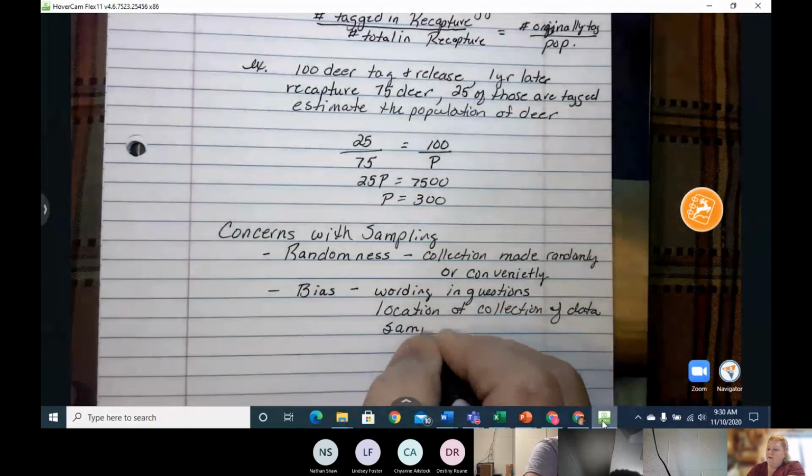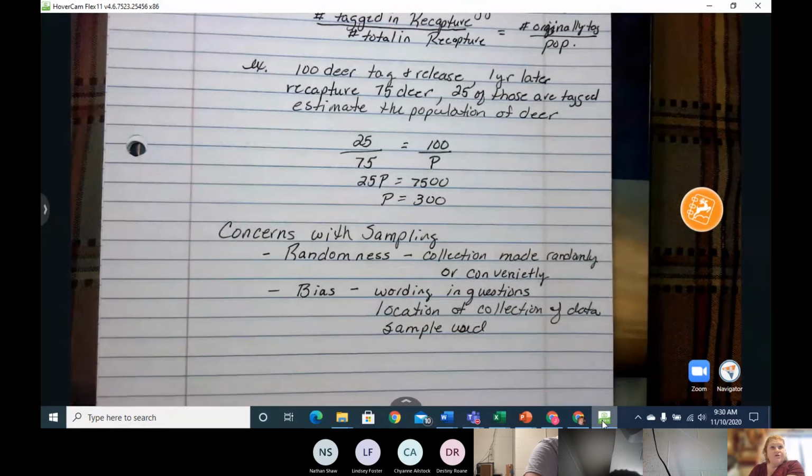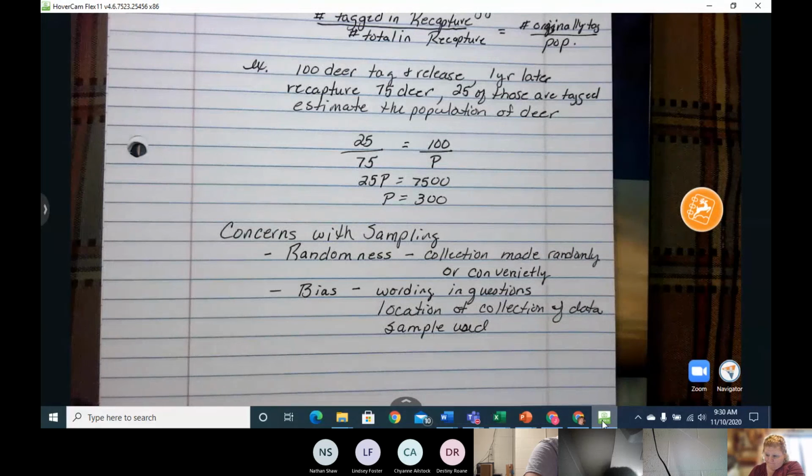There could be bias in the sample that you get your data from. If you're trying to determine if people like a particular restaurant or not, if you only question the people who continue to go back to the restaurant time and time again, you're only getting people who like the restaurant. You're not getting people who tried it once and never come back to see why they may not have come back.